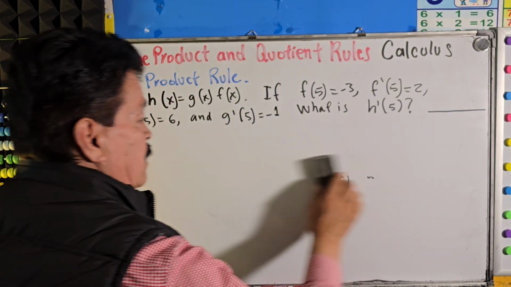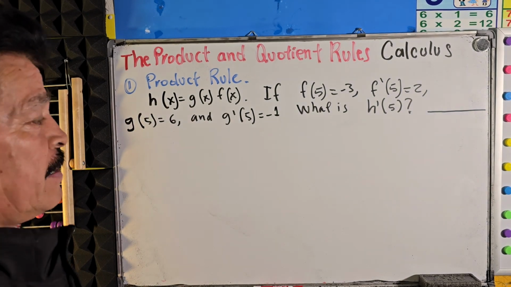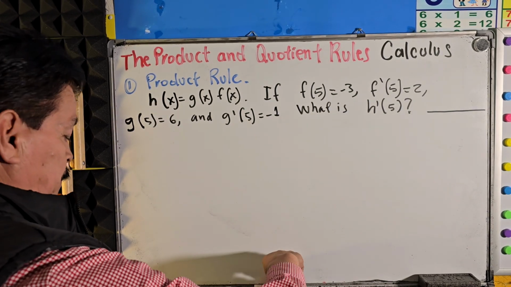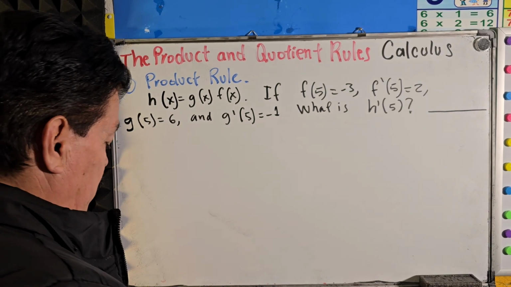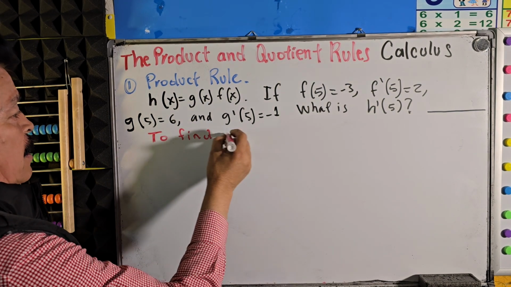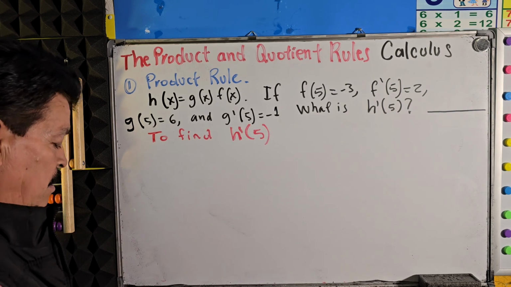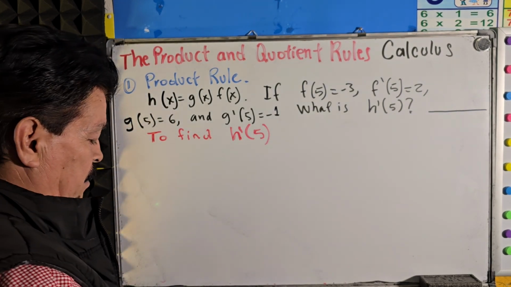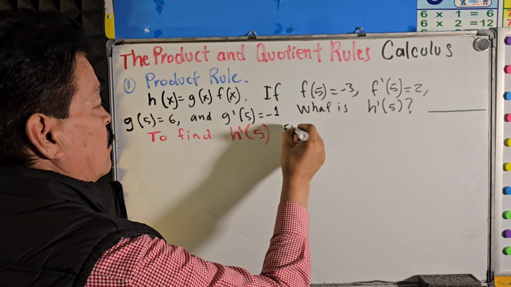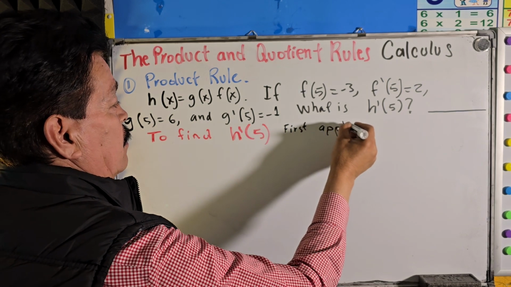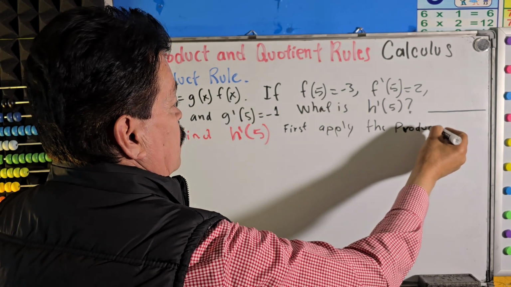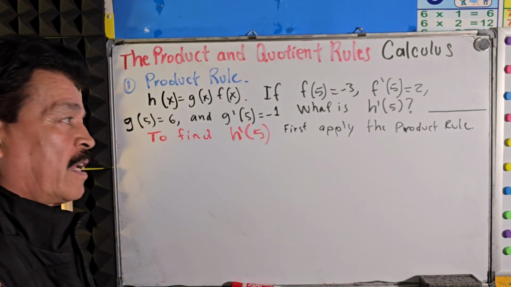Then after this, let's try to solve our problem. Let's find the answer. First, to find h prime of phi, we have to apply the product rule.